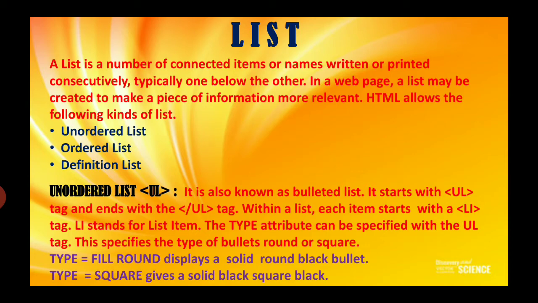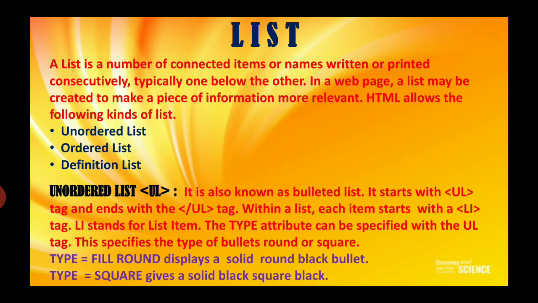The type attribute. The type is an attribute. Attribute means the characteristics. Okay. The type attribute can be specified with the UL tag, and this specifies the type of bullets, round or square. Now if I write type equal to disc, disc means the symbol should be round, and inside the round some color has to be filled.